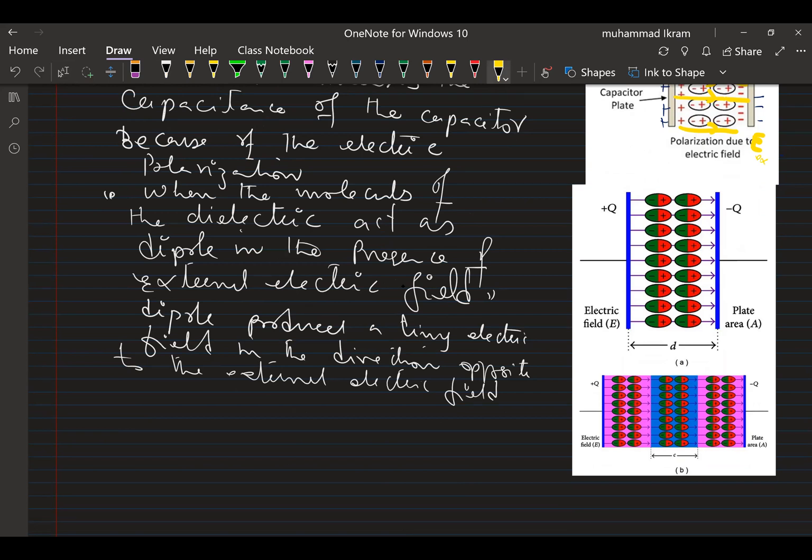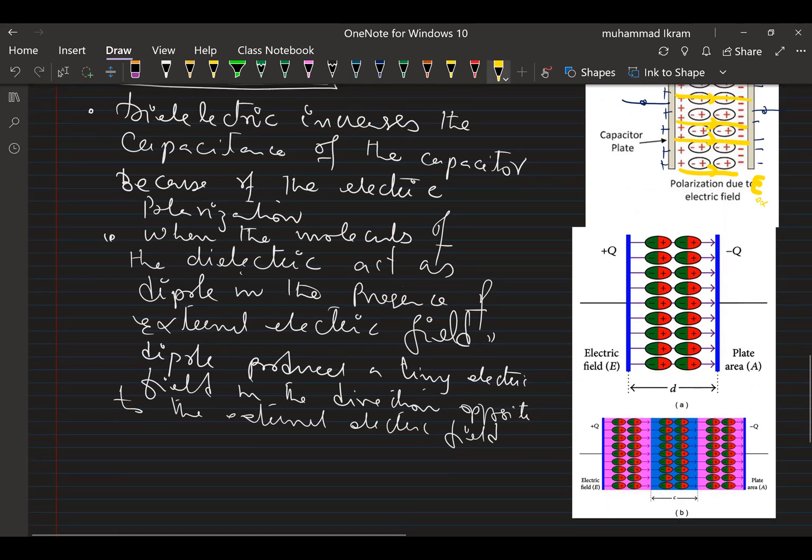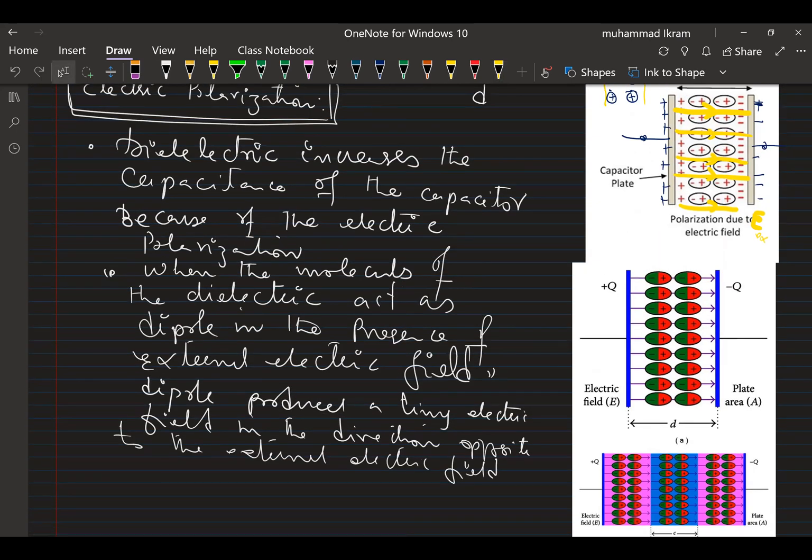Why? Look, what is the net electric field? Each dipole, dipole 1, dipole 2, like this, like this, tends to produce its own electric field in this direction. And what does this opposite electric field cause?